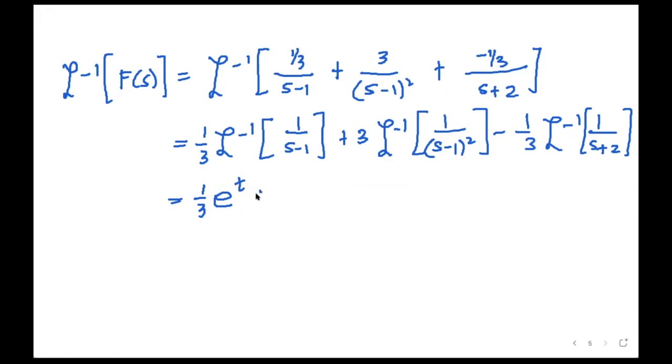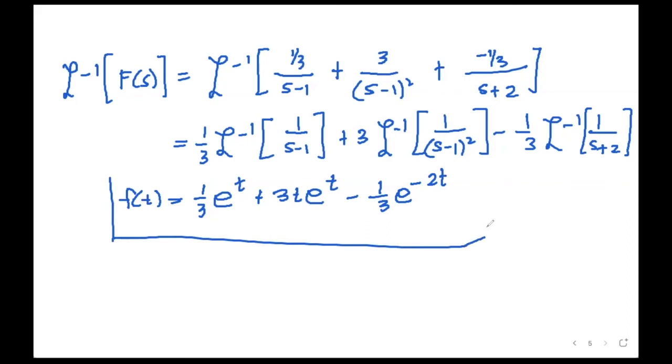So the answer here is plus 3t e raised to t. And for the last term, we have minus 1/3 e raised to negative 2t. So this is now our final answer. F of t is equal to 1/3 e raised to t plus 3t e raised to t minus 1/3 e raised to negative 2t.